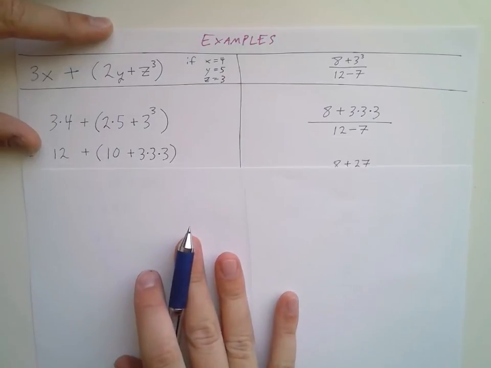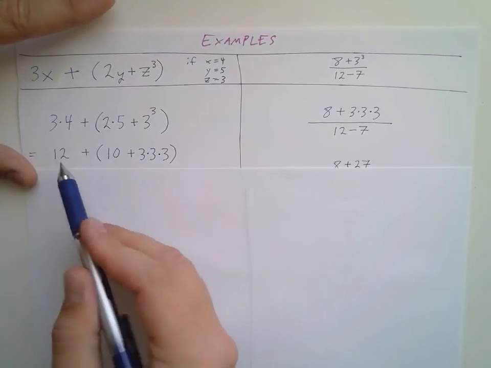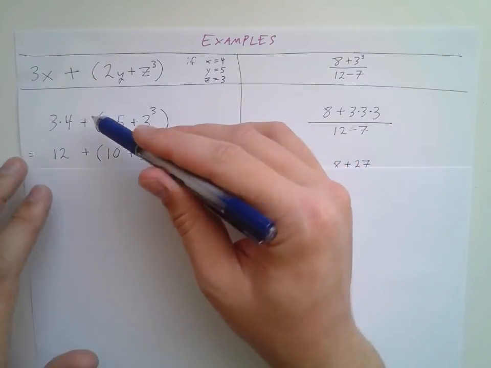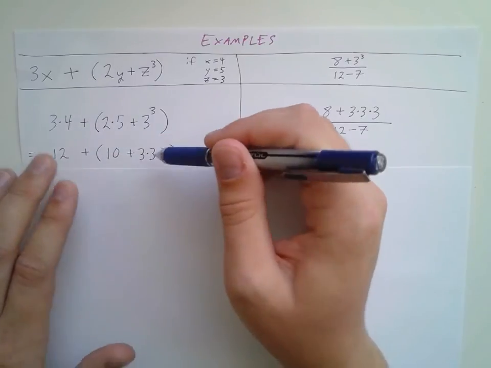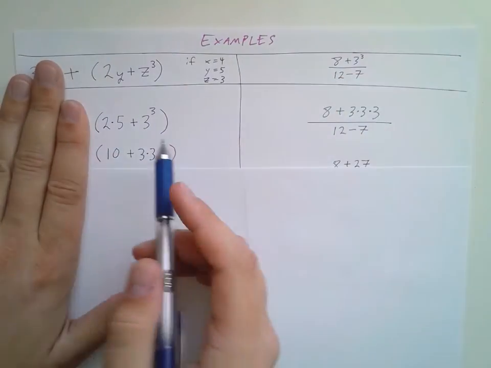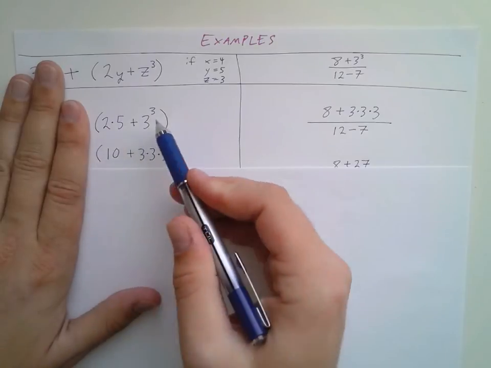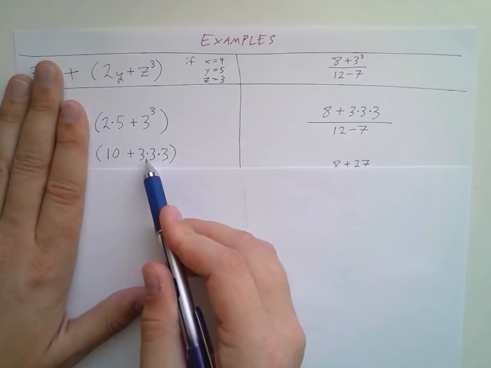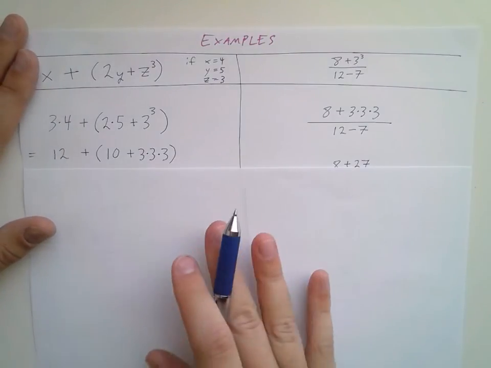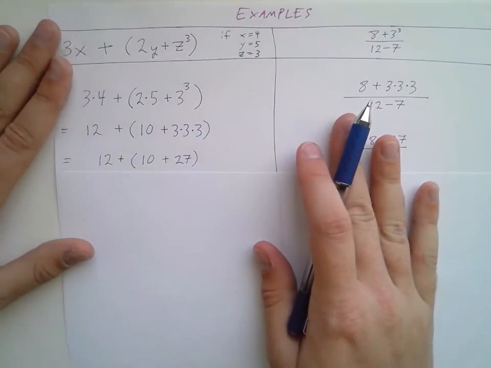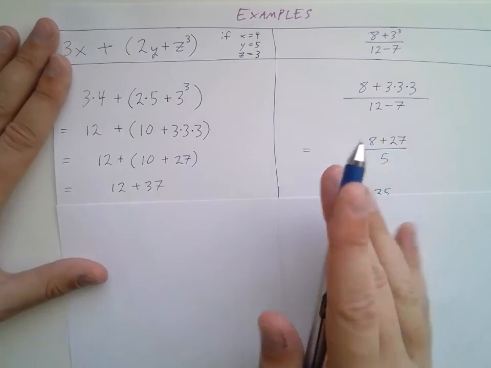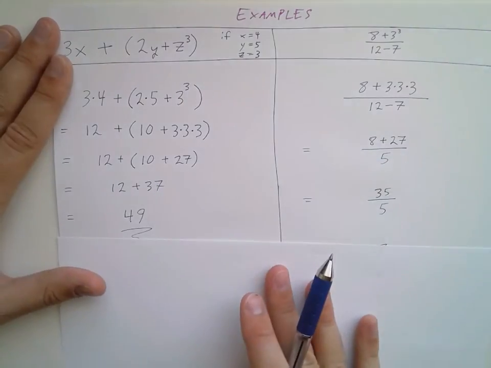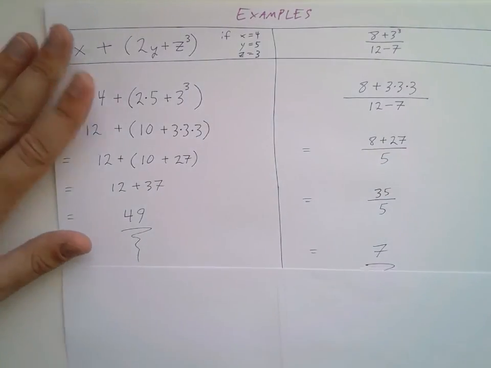So next, 3 times 4 is 12. You can't do anything to combine that with this stuff until you deal with the inside of the parentheses, though. So 2 times 5 is 10. 3 cubed is 3 times 3 times 3, which 3 times 3 is 9, times 3 is 27. And then adding those gives you 37, adding that gives you 49.